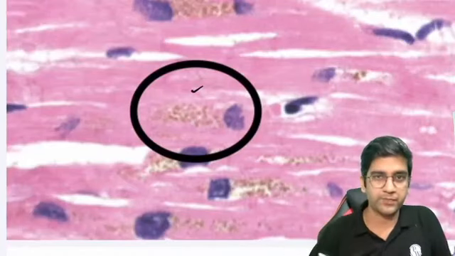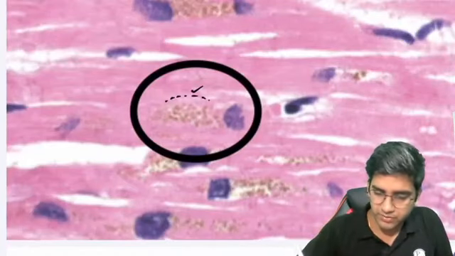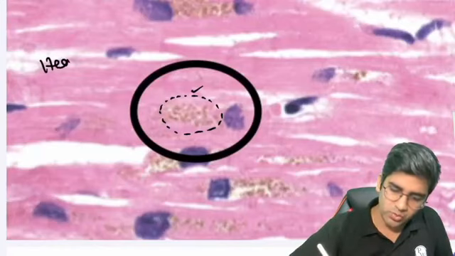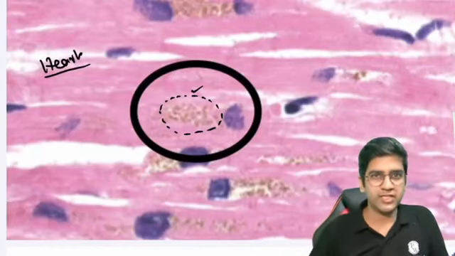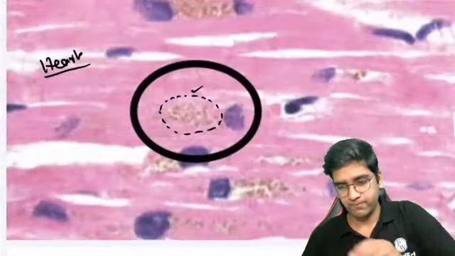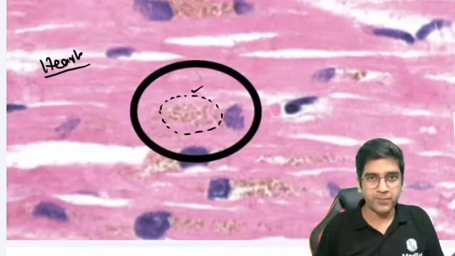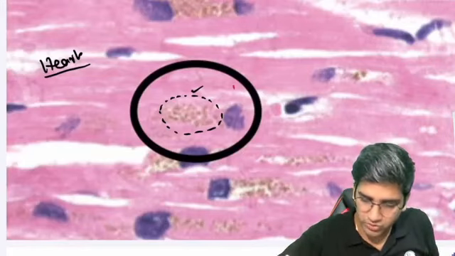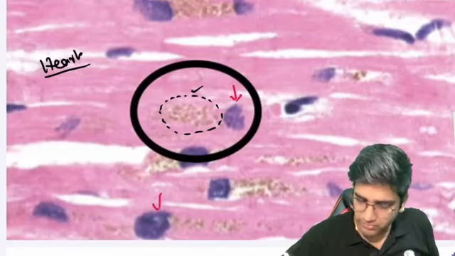What is this pigment? This is a heart biopsy, an image from Robbins. What's the color here? That's definitely a brown color pigment. And what structure is this, the ones I'm marking in red?